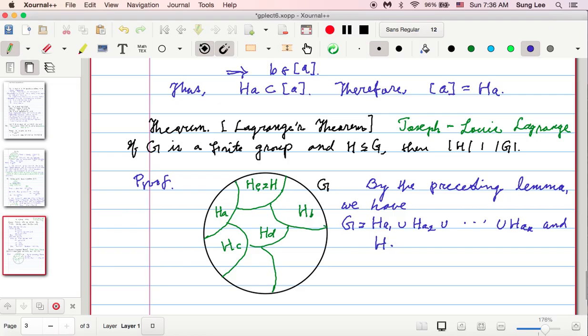So we also know that HA sub I intersection HA sub J is empty if I and J are different, where both I and J run from 1 through K.